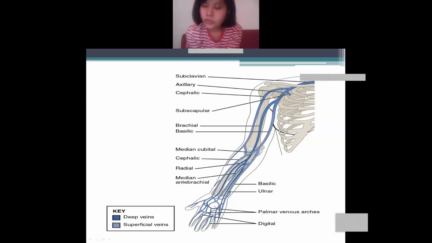In that manner the median vein is situated, and it ends in the medial cubital vein. Understand? Did you understand, everyone, or do you want me to repeat again?